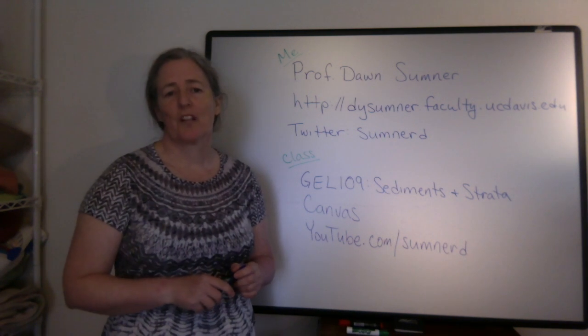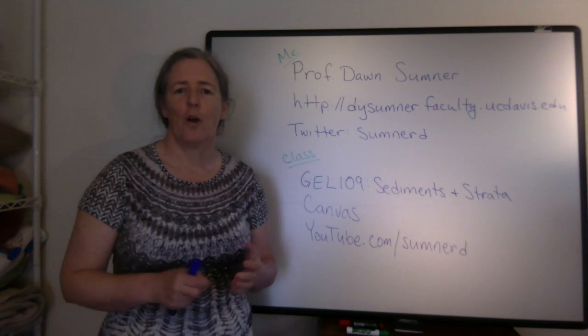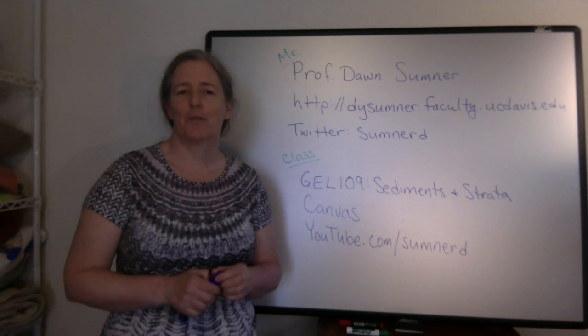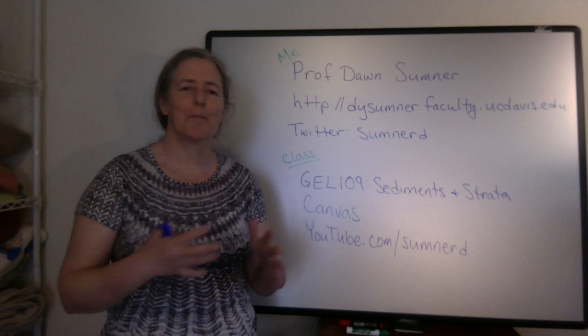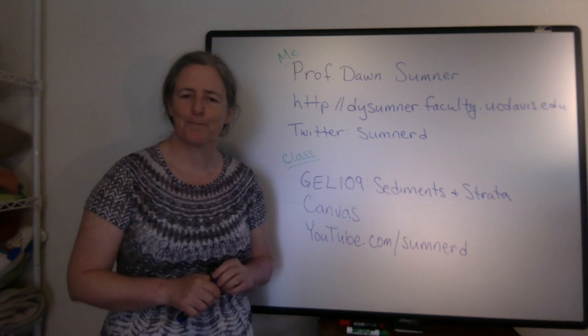So, for example, a lot of the gold extracted from the Sierra Nevada during gold rush days was detrital gold in river deposits, and we'll talk about why the gold gets concentrated in certain places in those deposits.